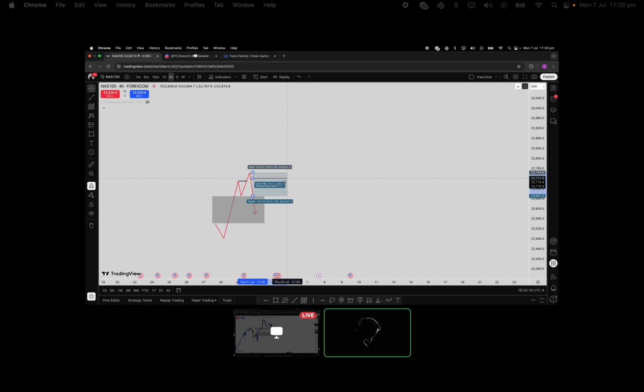So let's just say we're at a 3R to there, right? Great. If we've taken out some type of ERL, whether that be high time frame or just this one here, we could then anticipate CRT would be valid as we've got a gap lower.